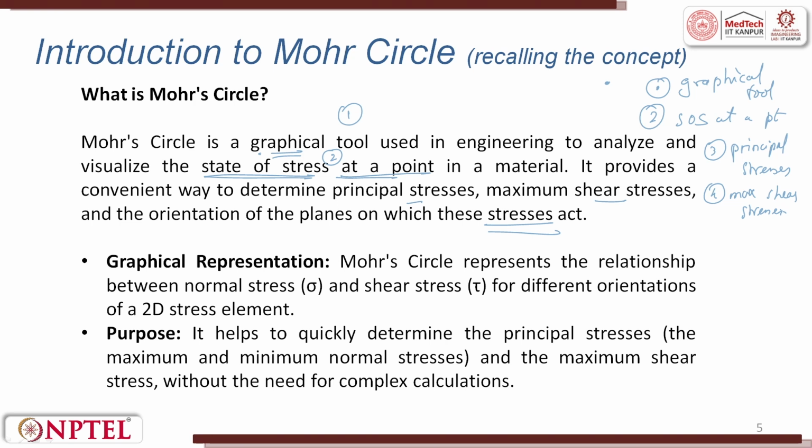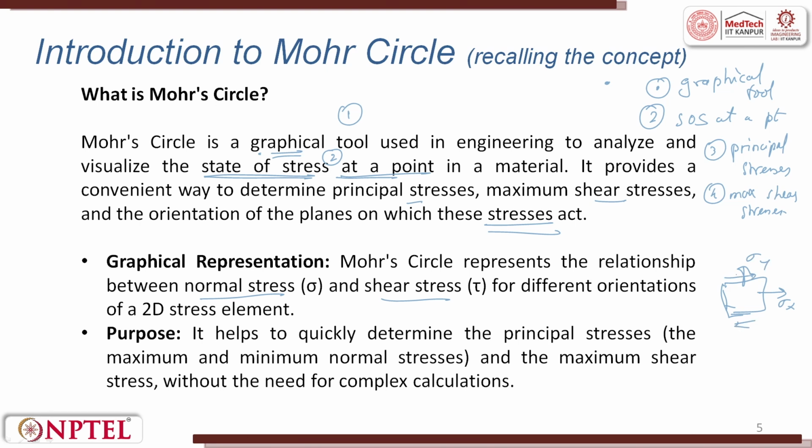The graphical representation, Mohr circle, represents the relationship between normal stress and shear stress for different orientations of a 2D stress element. So, the square whatever we did is the element, and we take sigma x, sigma y, then a tau term.